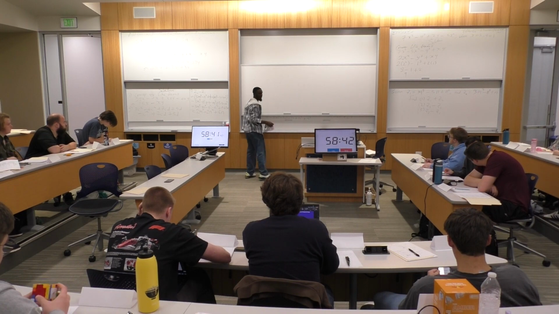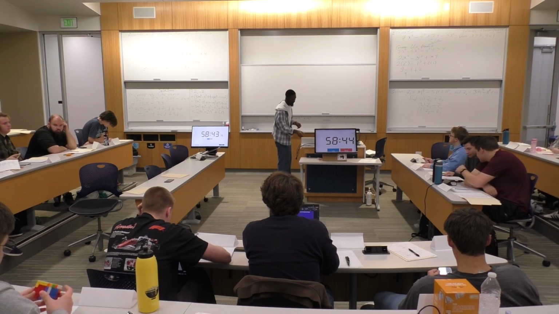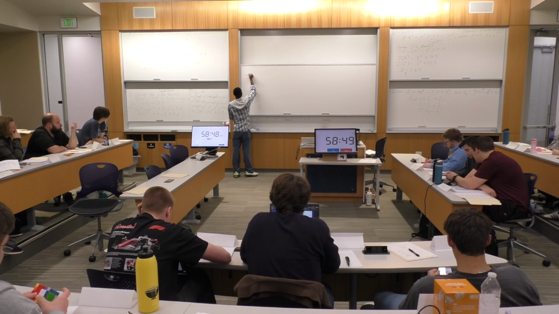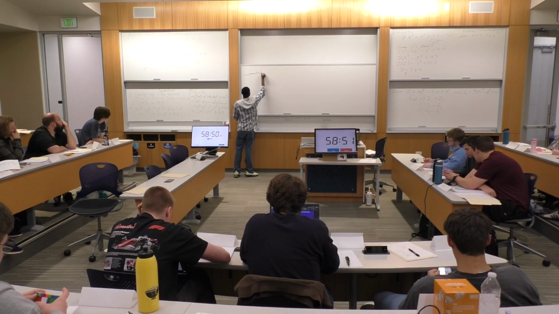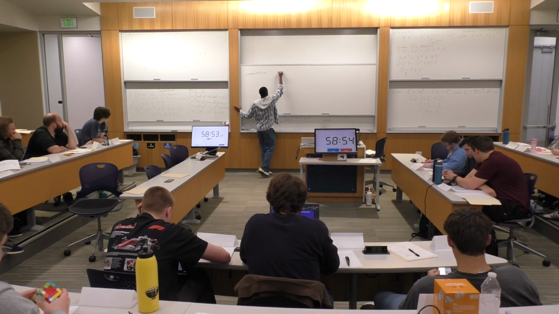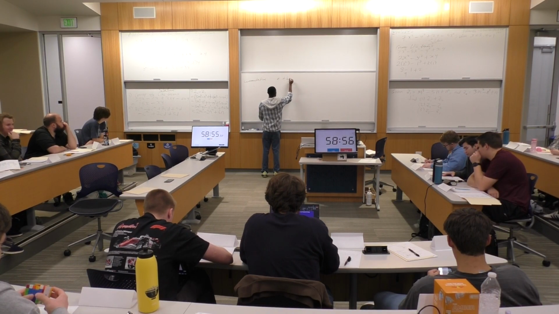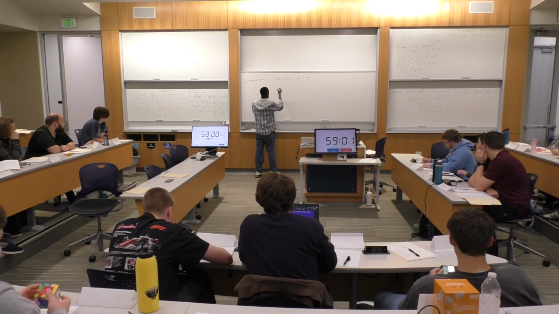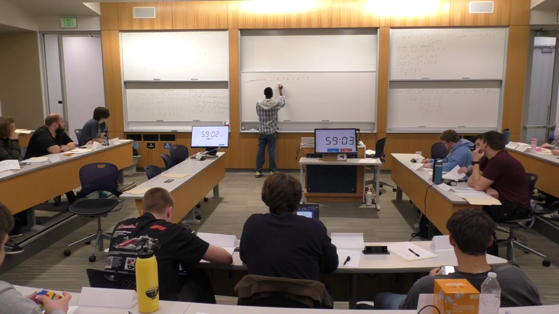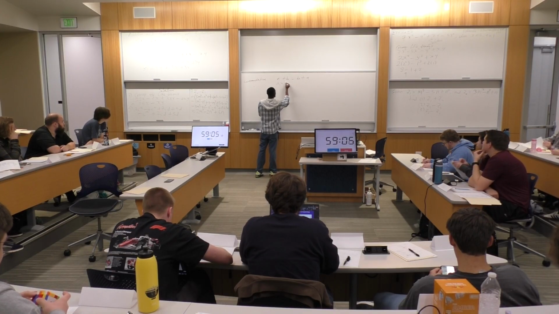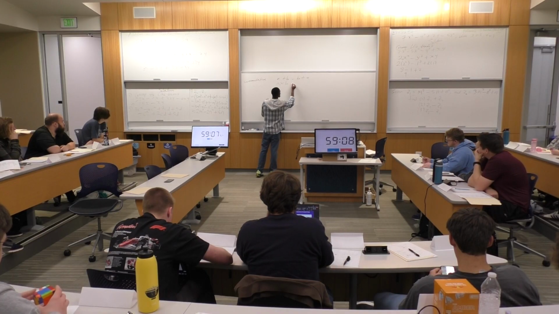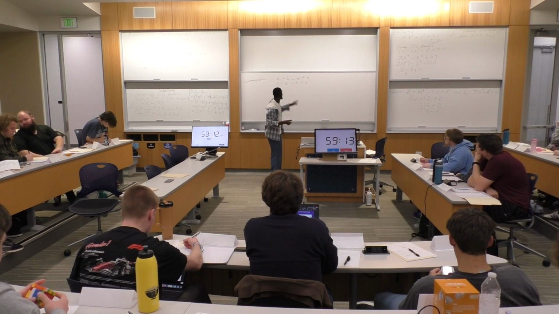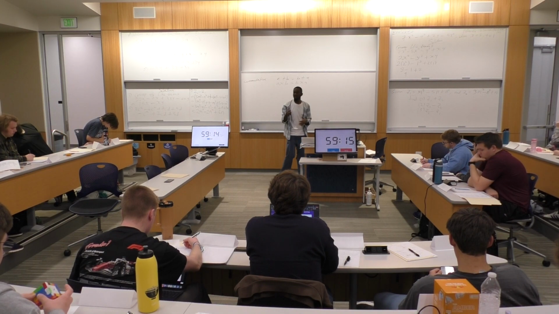So the first property, the commutative property, says that a plus b is the same thing as b plus a, and this also works for multiplication. Meaning that if you have 2 plus 3, it is the same thing as 3 plus 2.